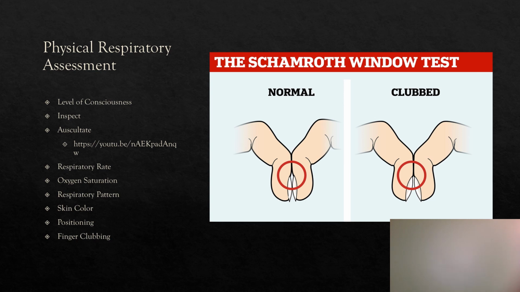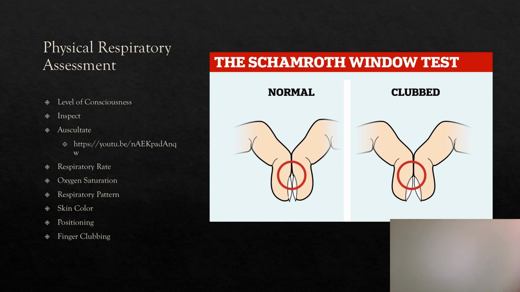Make sure that you are counting respirations for 30 seconds and multiplying it by 2, and doing this without the client being aware of what you're doing. Again, the normal respiratory rate for a healthy adult is 12 to 20 breaths per minute. If we have a really ill client or a client that has irregular respirations, make sure that you count for a full minute.